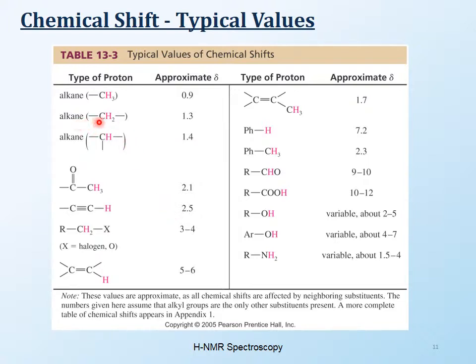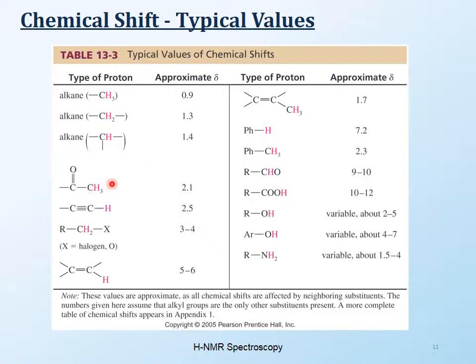Alkanes with the CH2, okay, will now start getting shifted to the left-hand side, to the deshielding region. Then alkane with a CH, even more deshielded. Now you can't really tell the difference too much between alkane, the CH2 and the CH, okay? I wouldn't use this table to figure out the difference between a CH2 and a CH, okay? And I will not tell you to do that either.